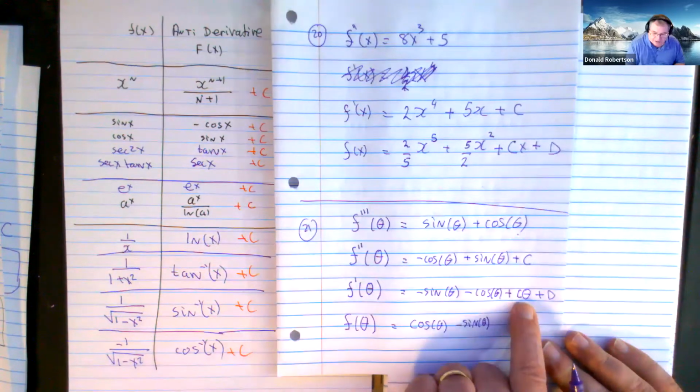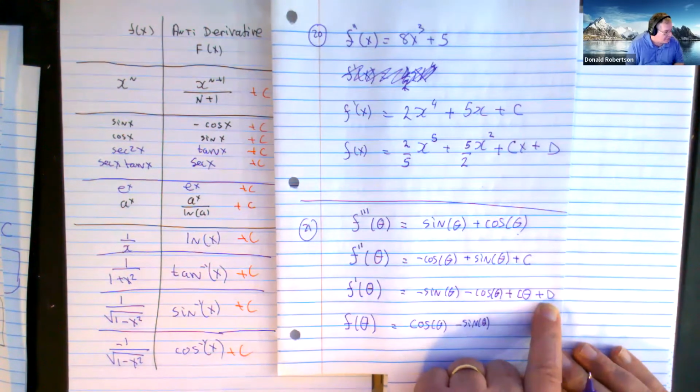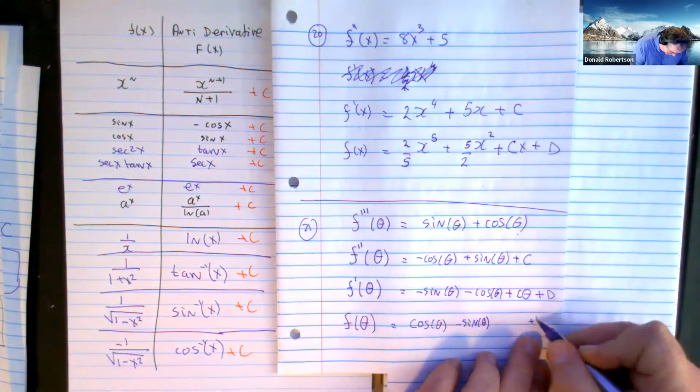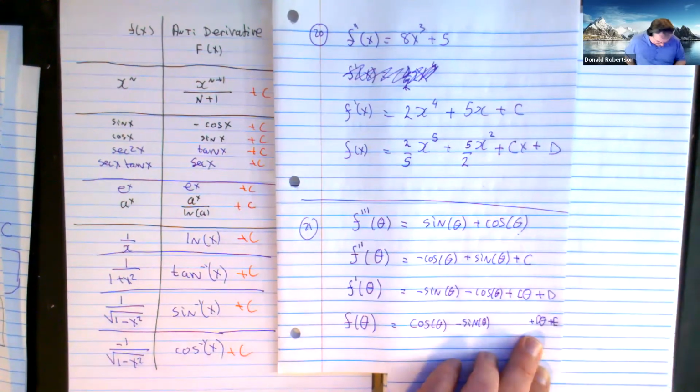I need to do an antiderivative of this guy, an antiderivative of that guy, don't I? Okay, I'll do the easy one. D gets you d theta, and then you need another letter, so I'm going to call it E.